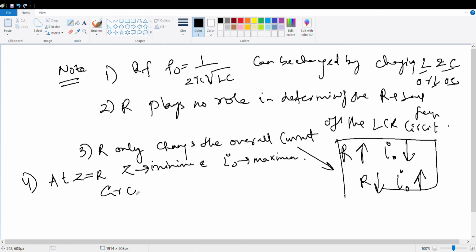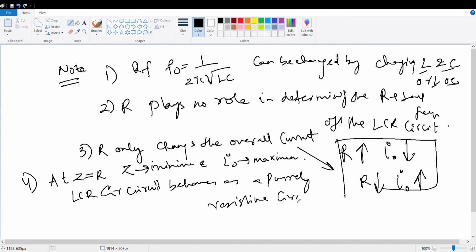And the LCR circuit behaves as a purely resistive circuit. Clear guys?